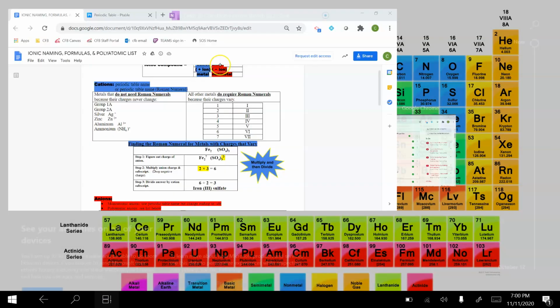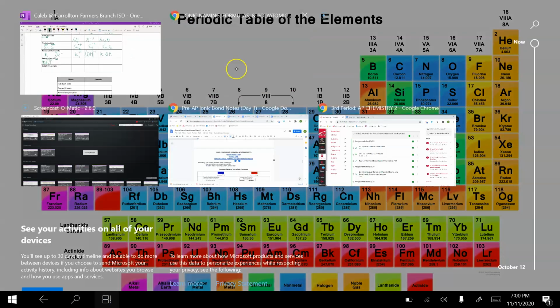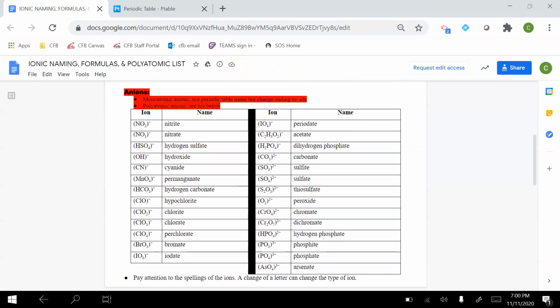It's very important that you pay attention to the ending of the names because some of them are very similar. Sulfide, sulfate, sulfite, they're actually different. So we've got to find sulfite with an ITE at the end. Sulfite. Well, I see it right here. It's right next to sulfate and thiosulfate. There's lots of names that sound similar.